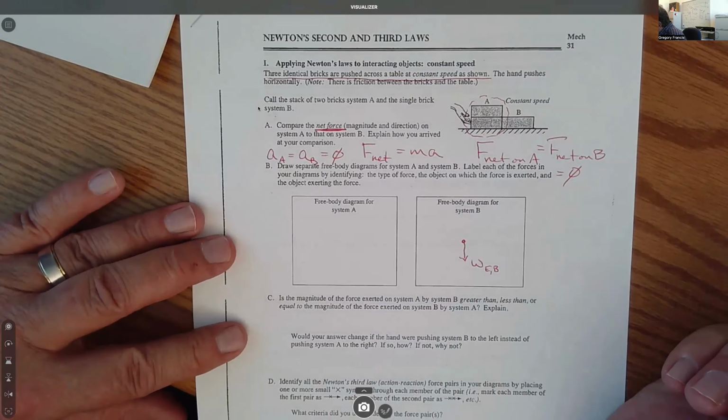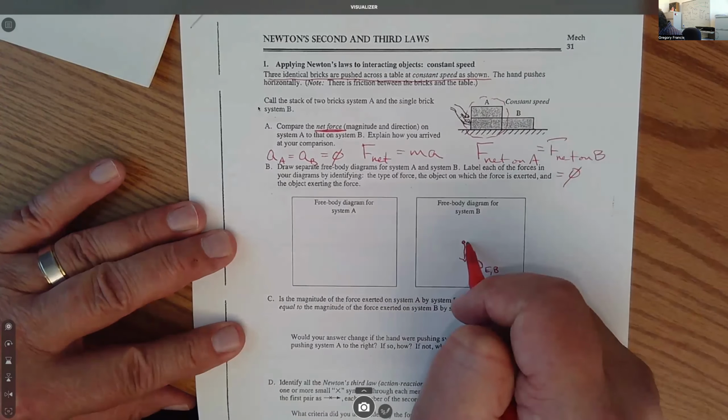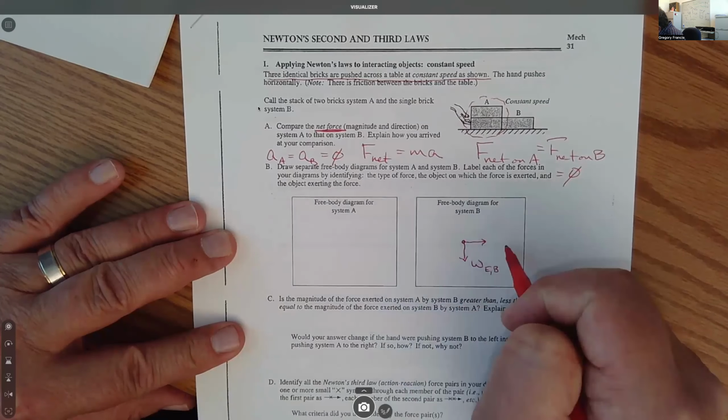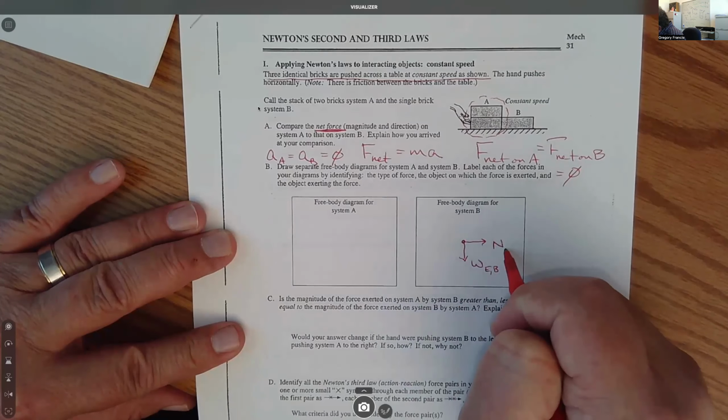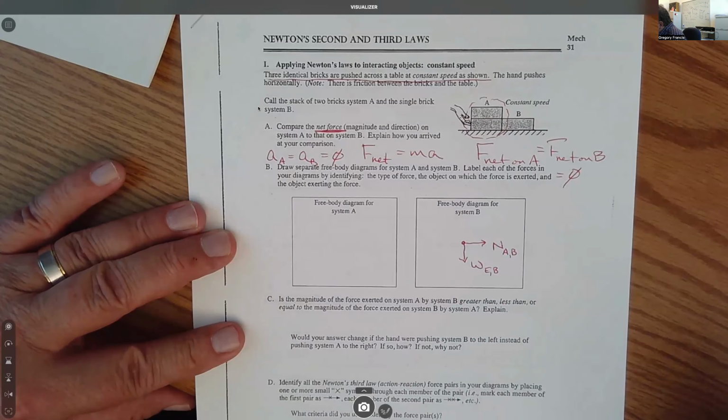No. So what touches B? Well, there's the push by A, a normal force. And I know that that's a normal force and not a friction force, because I could grease down the surface between A and B, and it's not going to change the problem one bit.